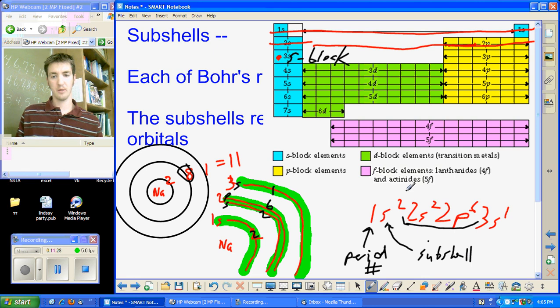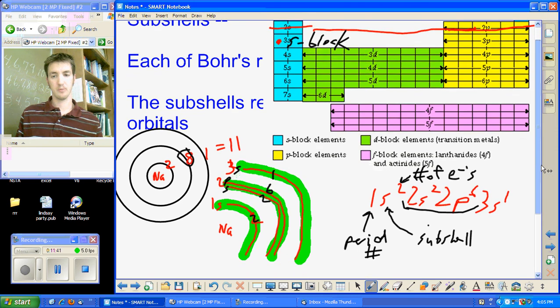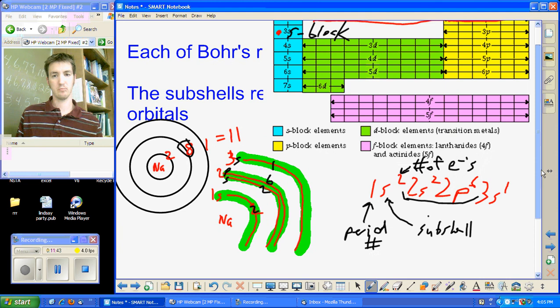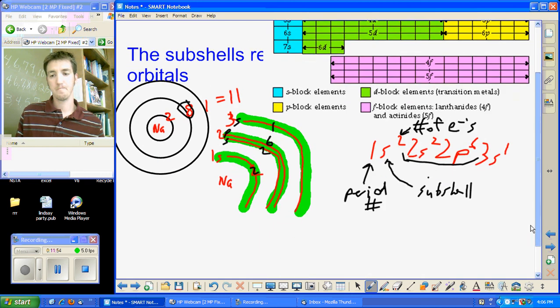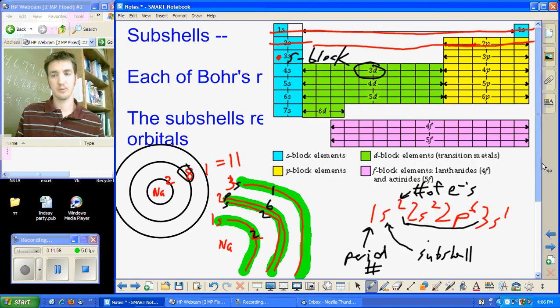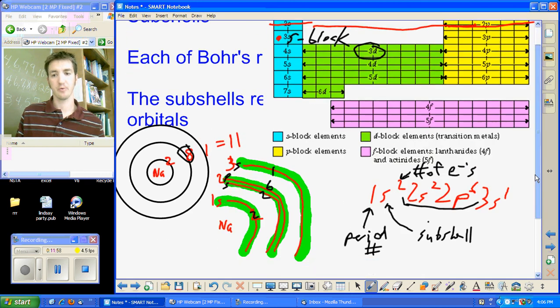That little number up top, that is the number of electrons in that shell. So basically, it's just adding those and making them bigger and bigger until you get here. That's weird. We'll learn what that means. You can learn what that means by watching the other video. But it's really just the same process over and over.